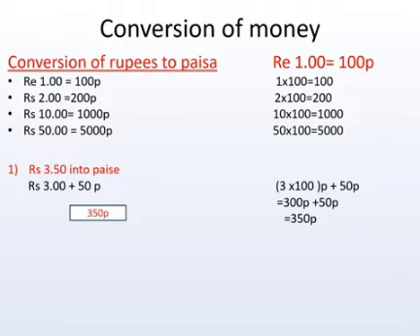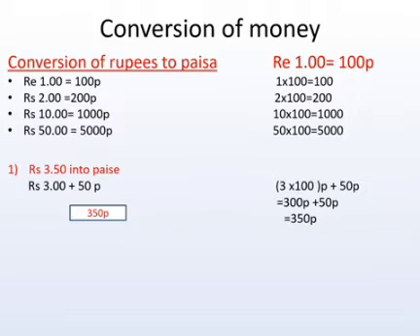Yes, before that, let me teach you a problem which involves both rupees and paise, but we need to convert it into paise. First sum is Rs 3.50, means 3 rupees 50 paise. So it has to be converted into a whole number in paise. So first let us divide this number as 3 rupees plus 50 paise.